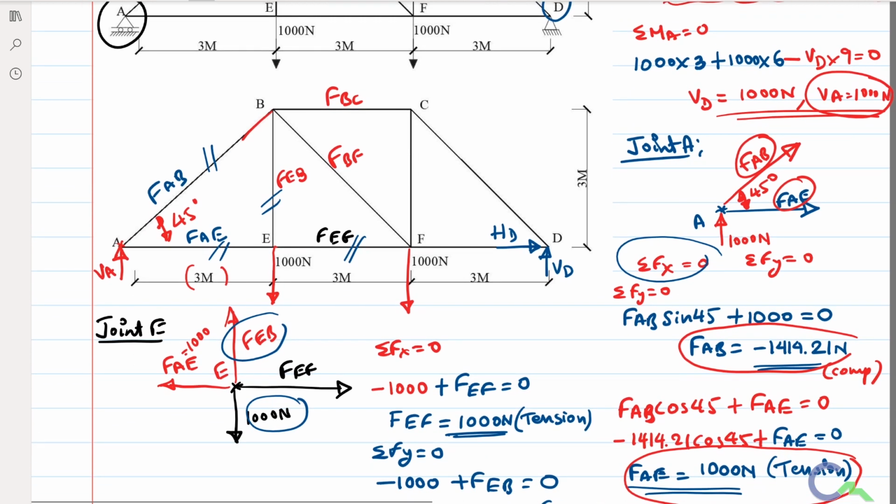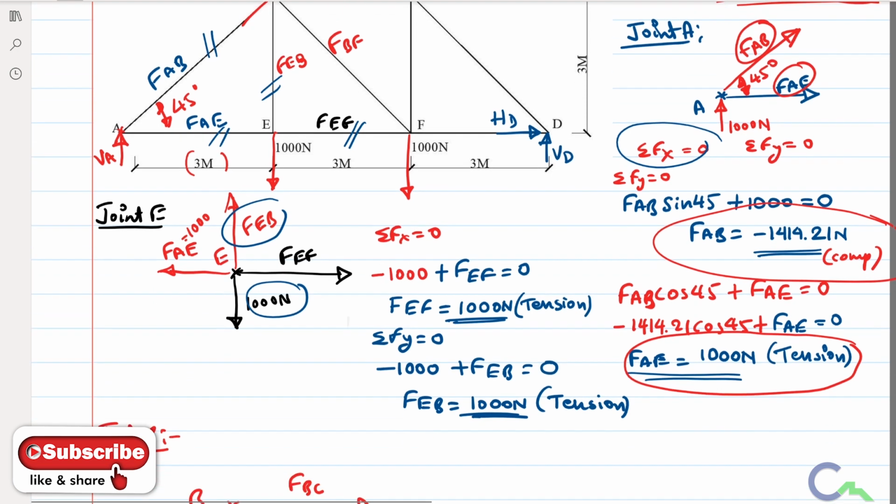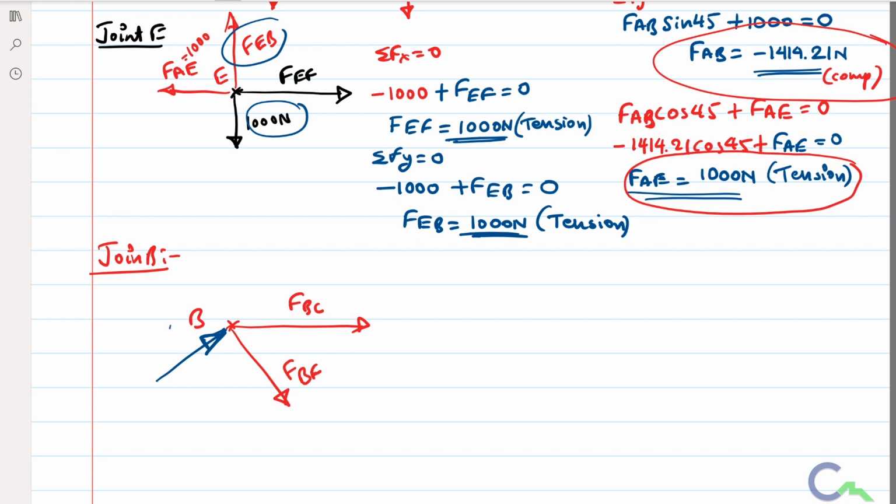In that case, what we got, that is actually compression. So we taken tension, but we got a negative answer. That means that member is in compression. Therefore, for B, that force is compression force. That is not moving away from the point, it is moving towards the point. It is like this. So that is in compression.